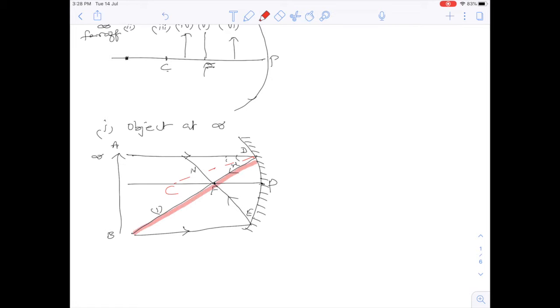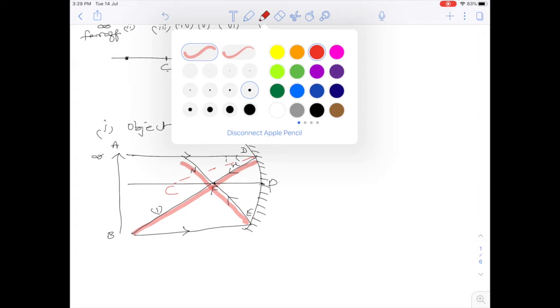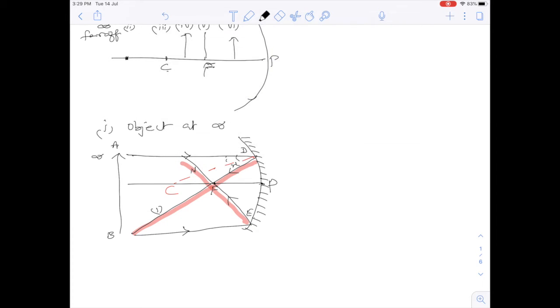This is one reflected light and this is another reflected light. So these two are incident at F. So this is your intersection point, and that's a point sized image.